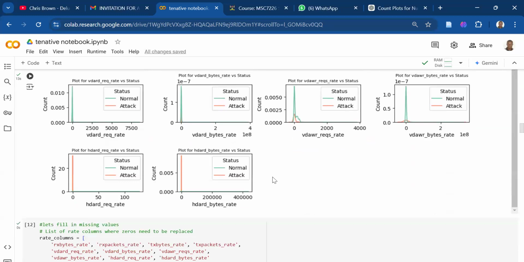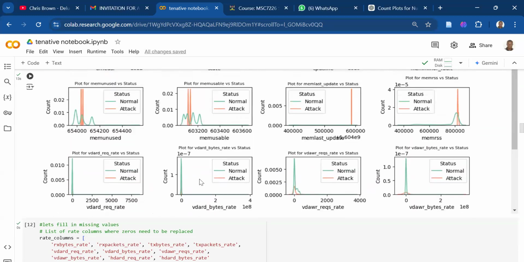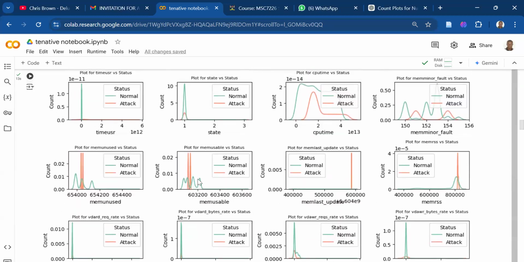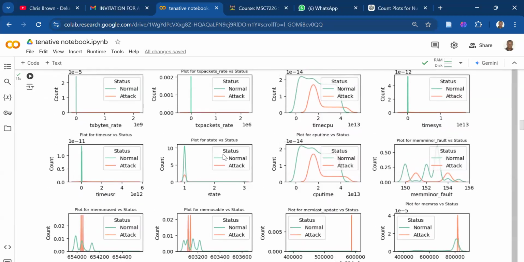From here, I can realize that there are some KDE plots that represent actually the same information.